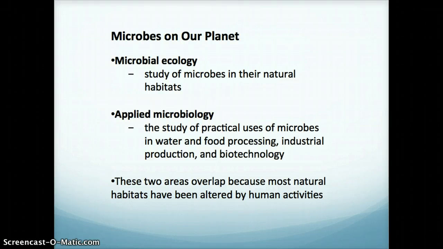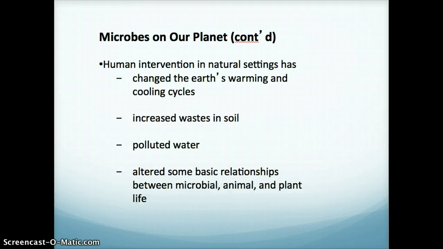And then applied microbiology, and this is the study of practical uses of microbes in water and food processing, industrial production, and biotechnology. And the reason why these two areas overlap is that most natural habitats now have been altered by human activities.